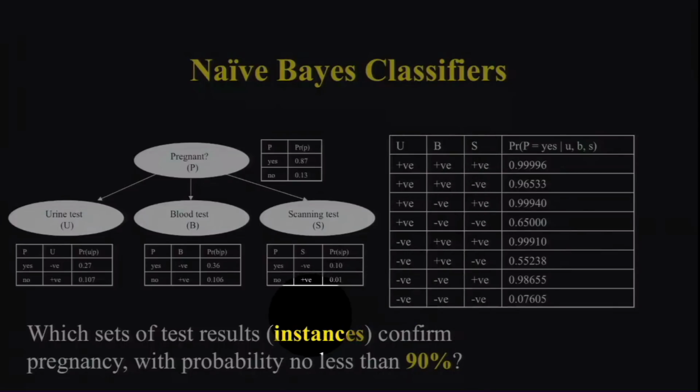We call these instances. And the idea is once you're given an instance, which is an instantiation of these variables, you compute the posterior on the class variable. That's done here. And then you have typically a certain threshold. In this case, let's say it's 90%, and you're checking whether the posterior is greater than or equal to that threshold. So we're tabulating all possible instances in this case, and what's the posterior.